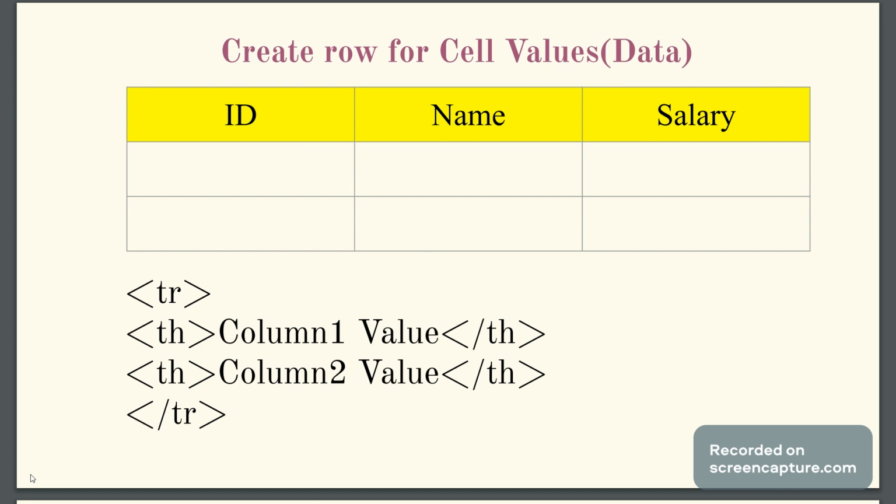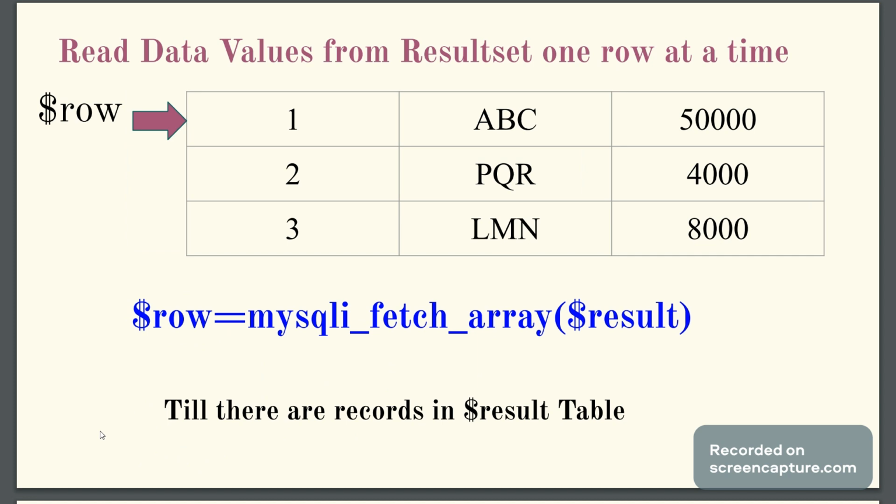For that we have to have the values by mentioning the td tag. Now before that, understand, we have to read the data values from the result set one row at a time. Now this is the output of our emp table after firing a select star from query.